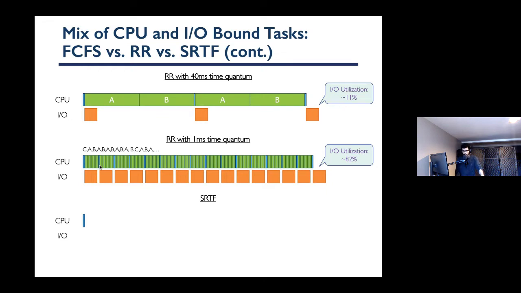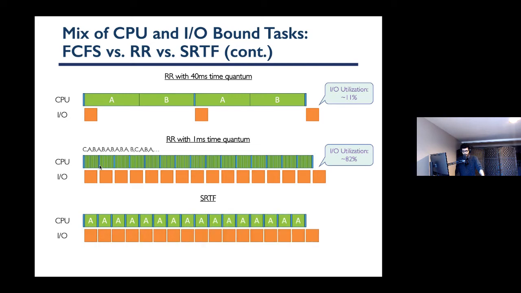Why? Because its CPU burst is less than A's and B's. So C runs, then goes for I/O. While C is doing I/O, A runs. Then C comes back. C has priority. C runs, and then A runs, and then A runs, and then A runs.